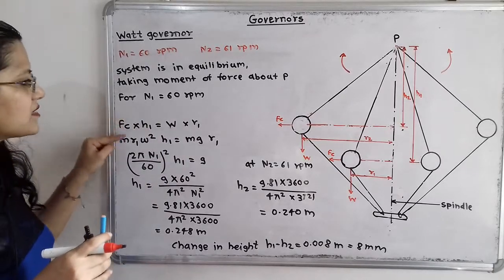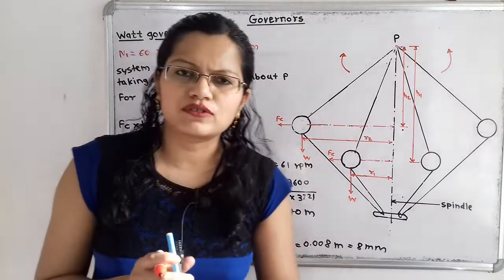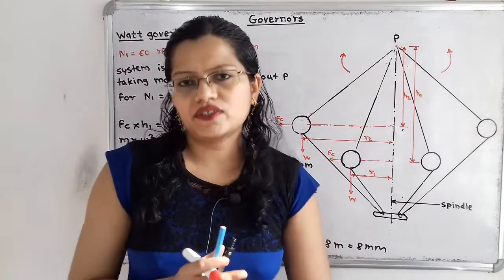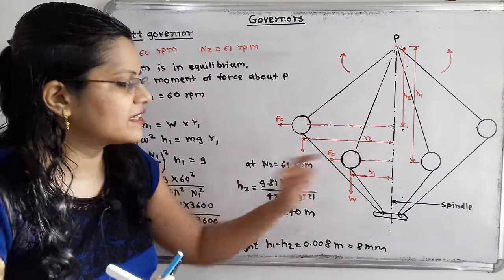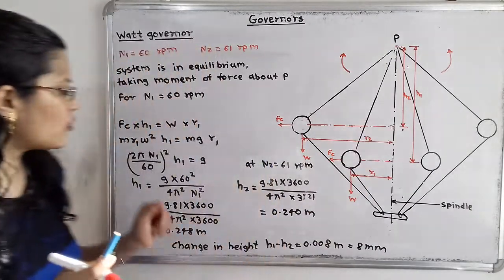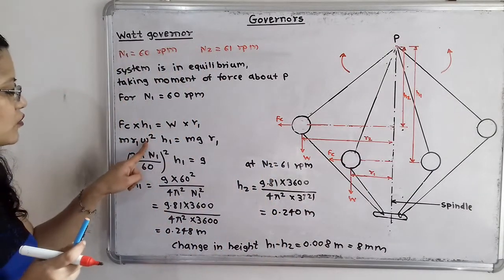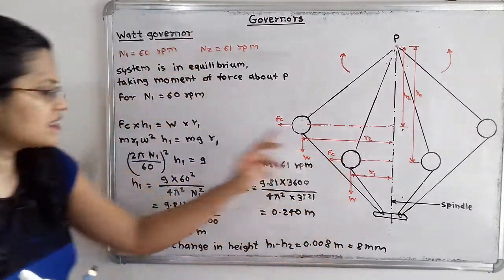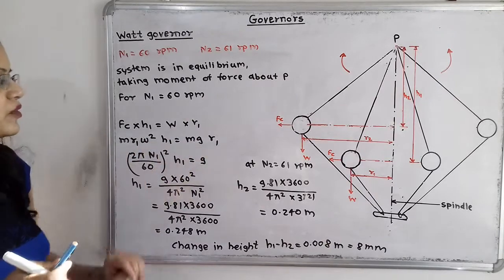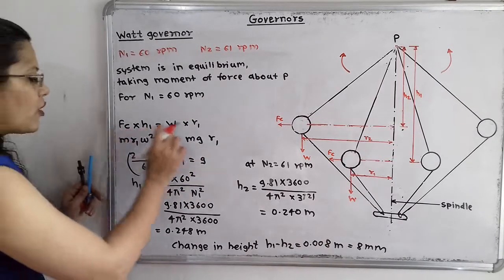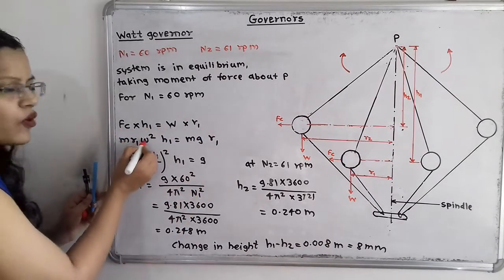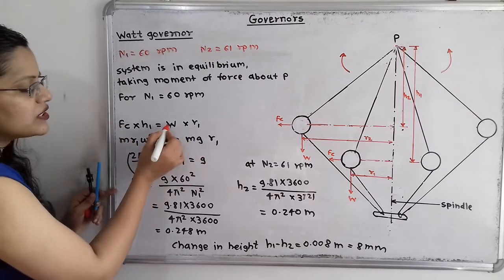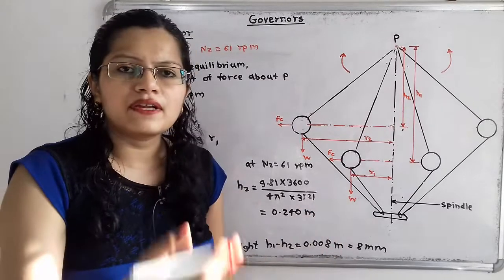What is this Fc? That is the centrifugal force, which we can write as m r omega square. Instead of r we write r1. And omega is 2 pi n by 60, where n is n1. So m r1 omega square, that is Fc, into h1 is equal to W into r1, where the weight W is m into g.